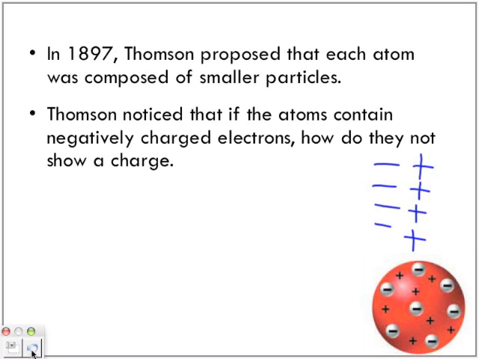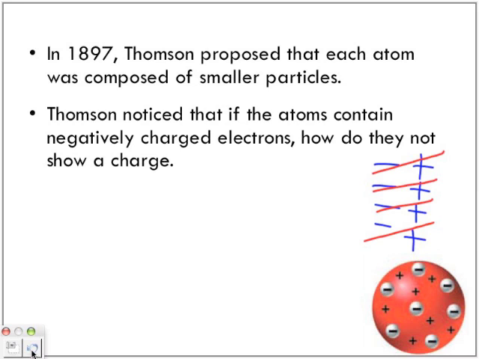So if you look at it in terms of charges, right? If you have one negative and one positive charge, you know they're going to show no charge. You have another negative and positive together, they're going to show no charge, right? So all of a sudden, all these charges cancel out. But we knew that there were negatives, right? We knew there were electrons, negative particles.